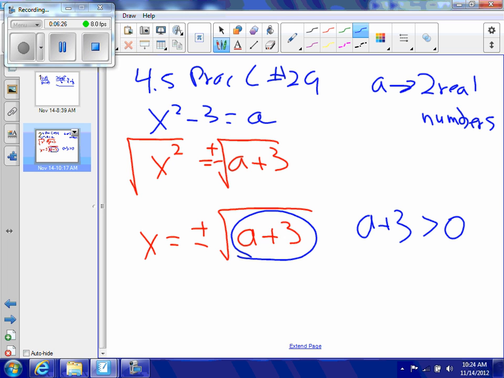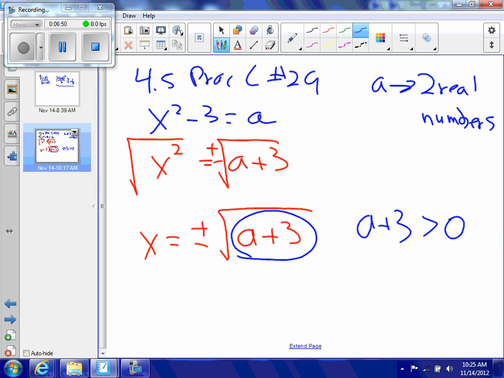And if a plus 3 is equal to 0, I still don't have two real number solutions, I only have one, because plus or minus 0 is 0. 0 doesn't change. Am I making sense here? So a plus 3 has to be greater than 0.